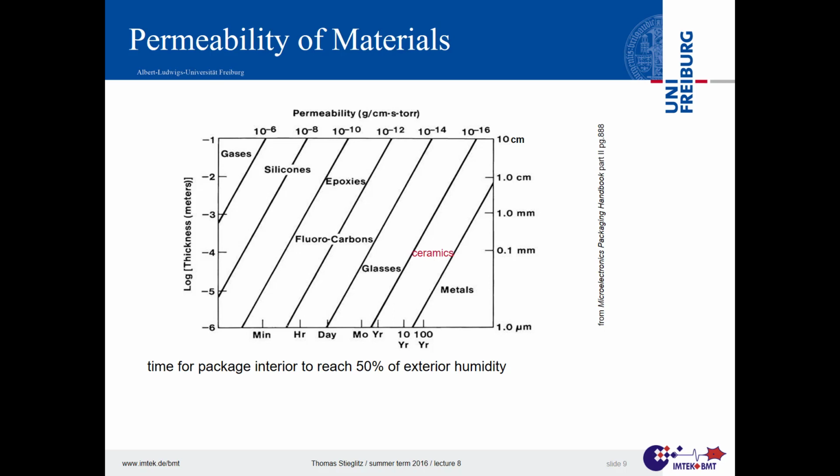And if we do that, we see that we are in the range where glasses, ceramics, and metals come into consideration. And then I would say, well, but I don't want to make it too thick. Probably the package wall should be less than 1 millimeter. And then you would go on the right-hand y-axis to the millimeter scale and draw a horizontal line. Since I have no pen on my computer here, I'll have to trick it out.